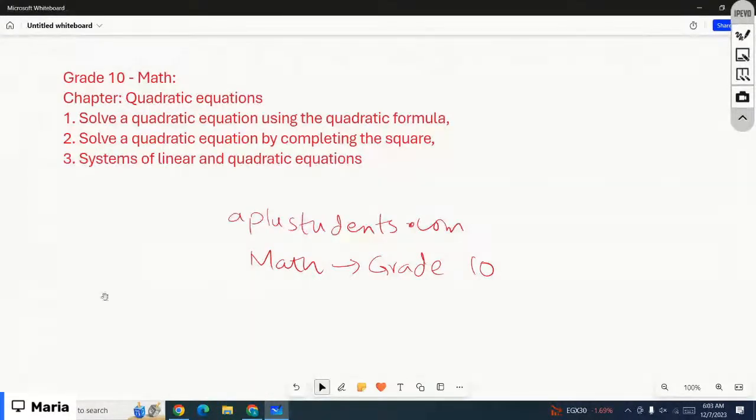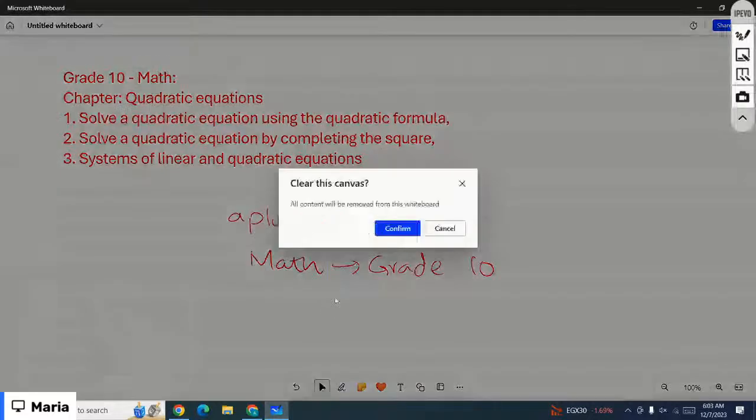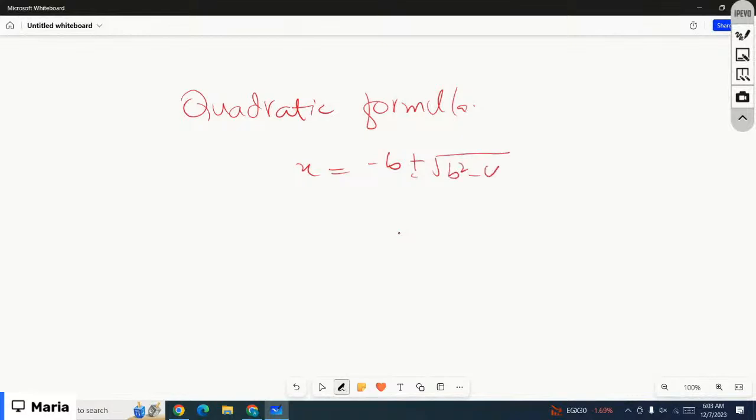First, let's see what the quadratic formula is. That is x equals negative b plus or minus the square root of b square minus 4ac, divided by 2a.